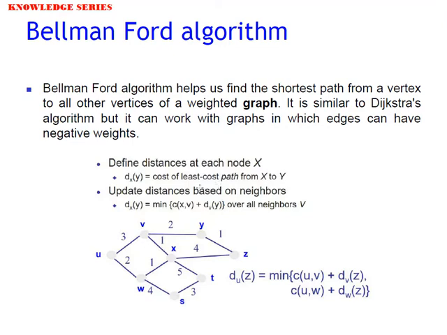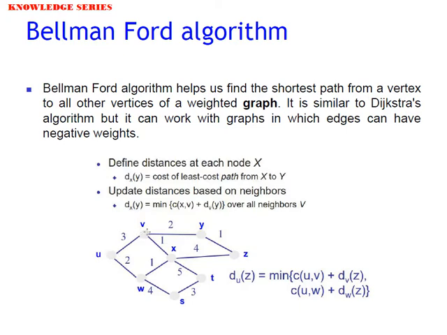It updates by finding the minimum of the neighboring node's distance as well as the cost with respect to the distance, taking it as an intermediate node. Take for example x to u. x knows the neighboring distance to v.